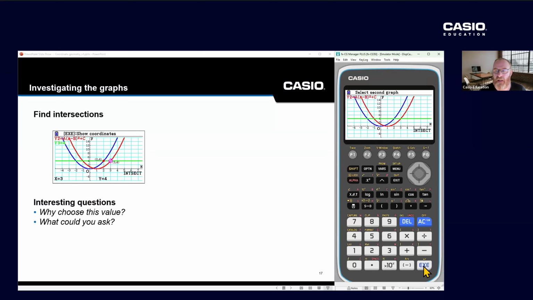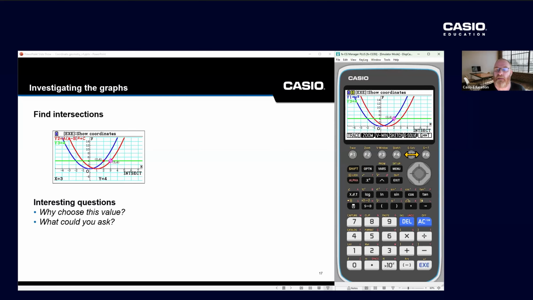Select that with execute. We don't want to find the intersection with our other quadratic, so let's scroll down and you can see the horizontal line is now flashing. So we've got 1 point of intersection there. If I scroll across, you can see that x equals 2, y equals 4. If you want to label that point, just press execute and you can see you get the coordinates 2, 4.